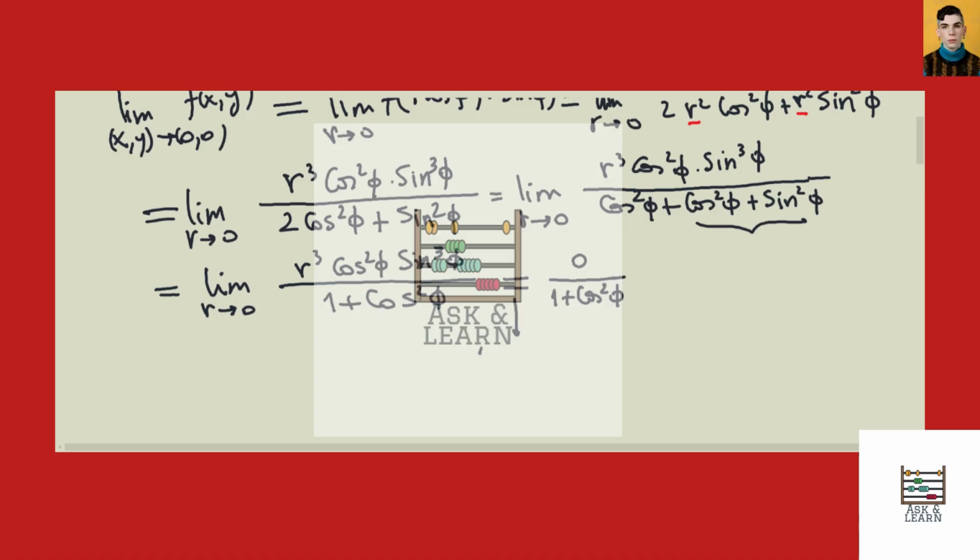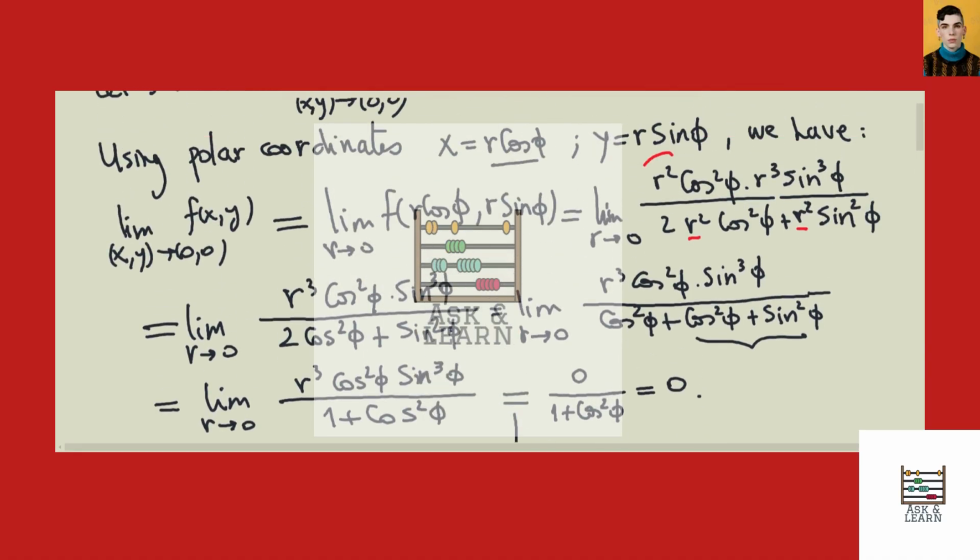And here we say 1 plus cosine squared phi is strictly positive for any phi, and so this is 0. Certainly we could do this by using Cartesian coordinates, but it's easier this way.